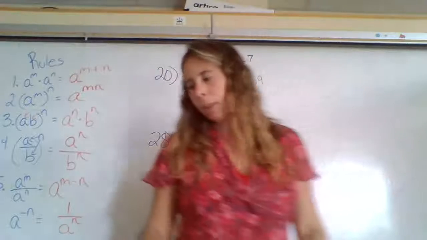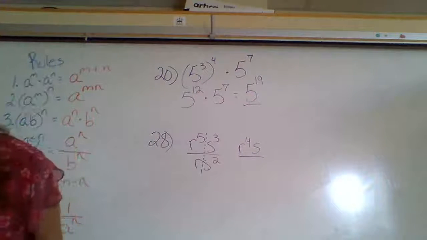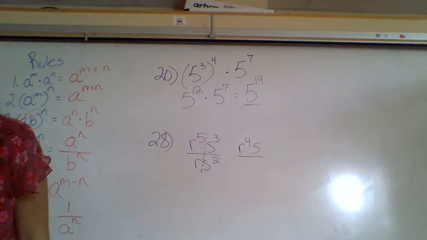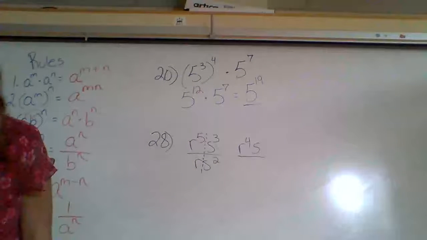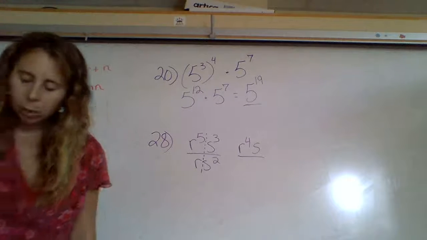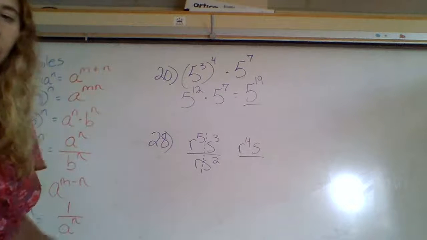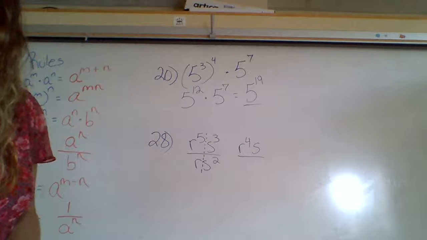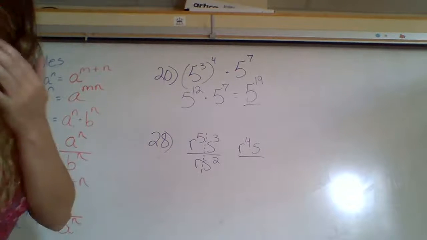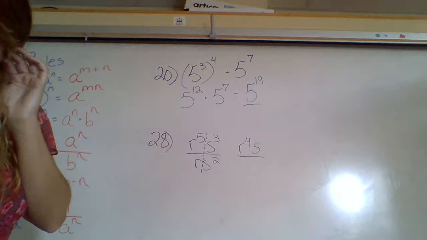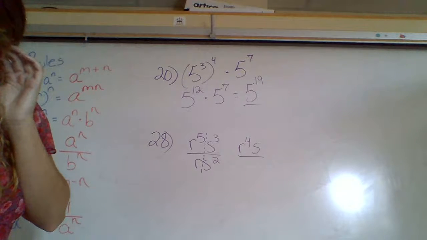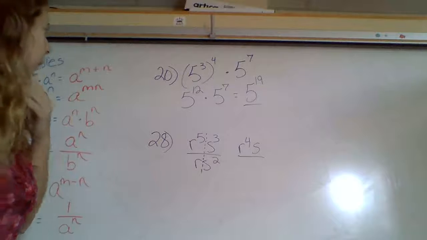Maybe I'll do one more. No. 29 is a little difficult, but I'm going to make you try it. So I'll go back and do one more, though. What did I just do? 28? I'm going to go back and do 26.